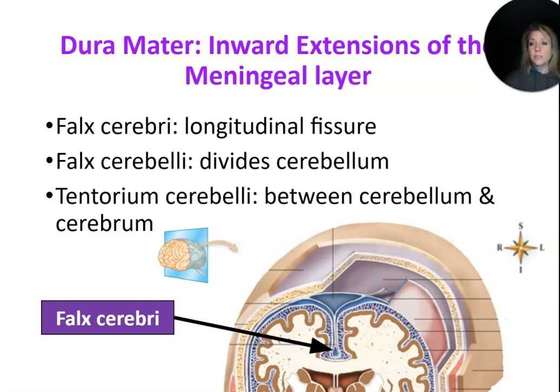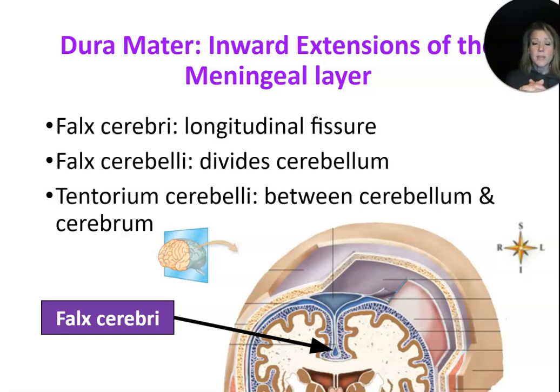And so in these fissures, we don't just have our meninges just kind of gliding over them, just covering them. They're going to actually go down and fold inward and then come back out. And so where they fold inward, they're going to be very thick and very tough, and they form these structures.